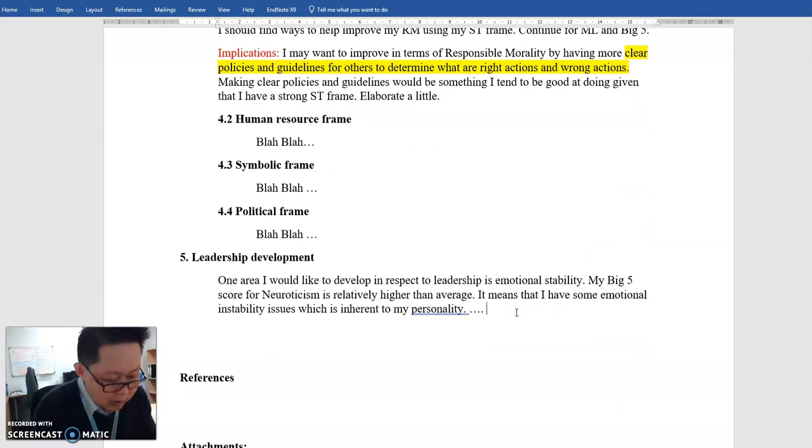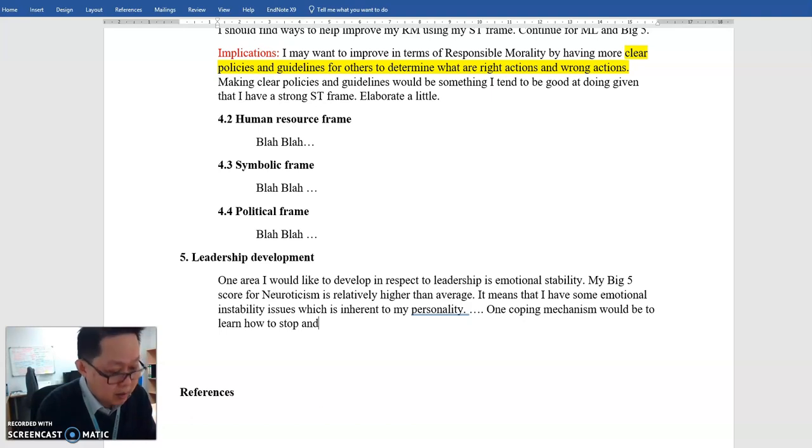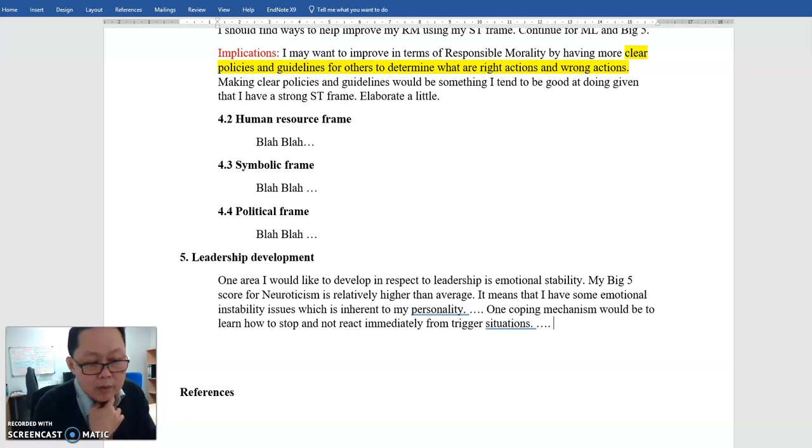Maybe one coping mechanism would be to learn how to stop and not react immediately from a trigger situation. Then you have to elaborate, because you need to do a little research on how to do this.